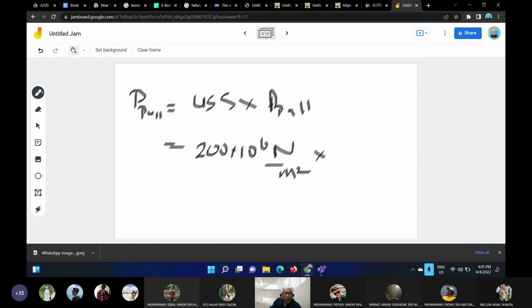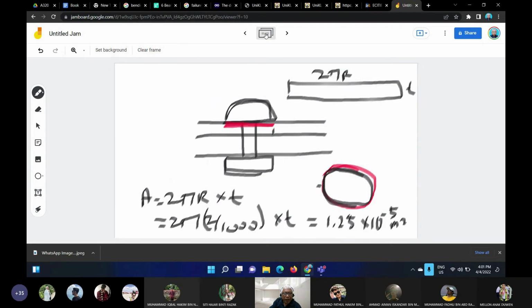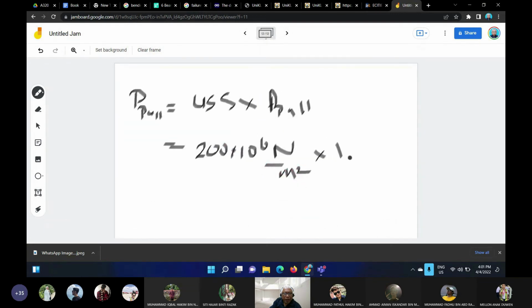You multiply by the 1.25 times 10 to the minus 5 meter square. You can cancel. 200 E6 times 1.25 E minus 5.